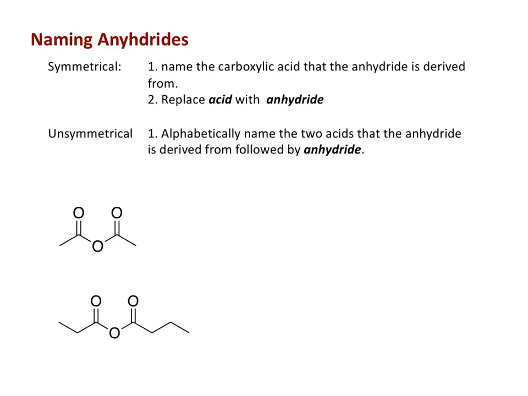The final carboxylic acid derivative we're going to learn to name are the anhydrides. And what we're going to find is that these are based off of the carboxylic acids that they're derived from. Just to show you what I mean, let's take acetic acid.